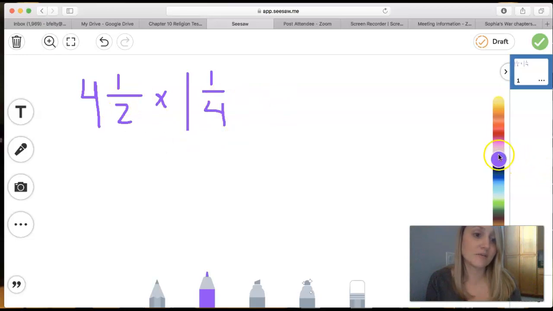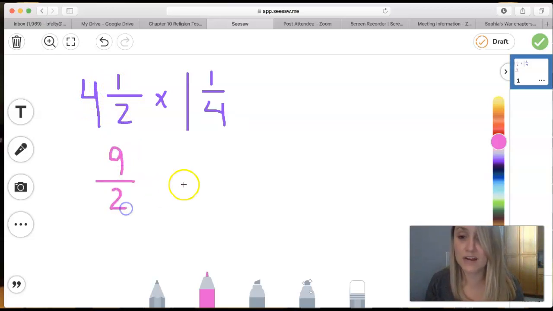Okay, so here we're going to have to make it into improper fractions. So again, 2 times 4 is 8, plus 1 is 9. Remembering all those rules from changing improper fractions to mixed numbers. And then 4 times 1 is 4, plus 1 is 5.